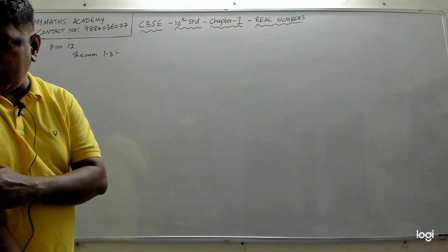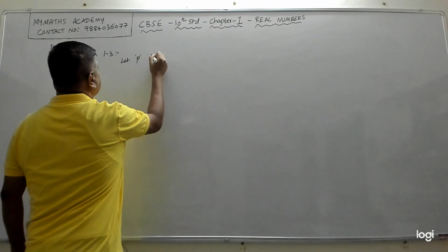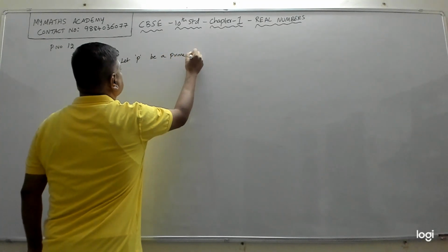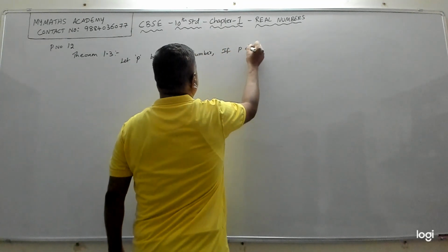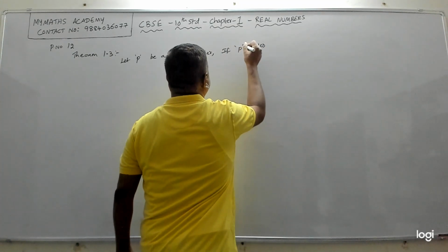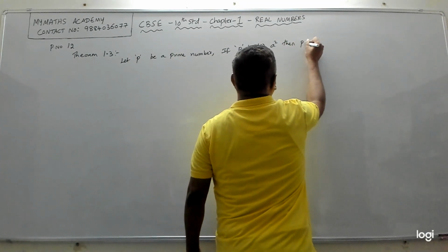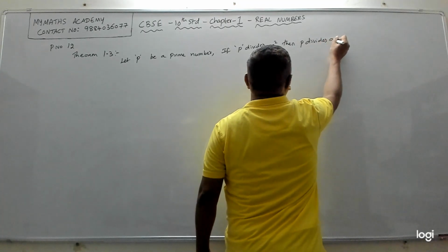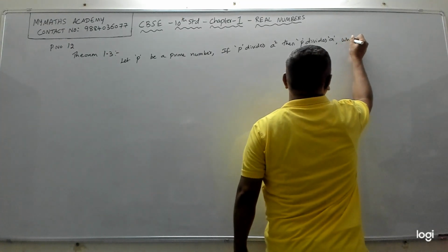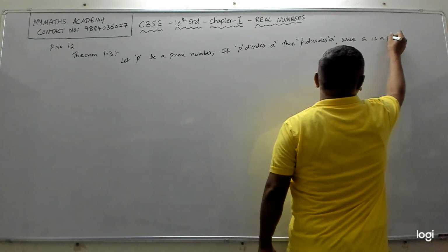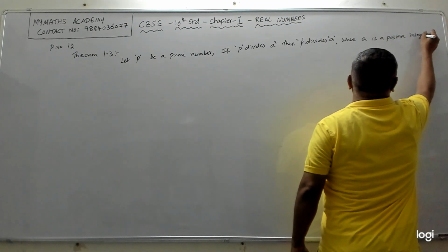So the theorem states that let P be a prime number, if P divides a square, then P divides a, where a is a positive integer.